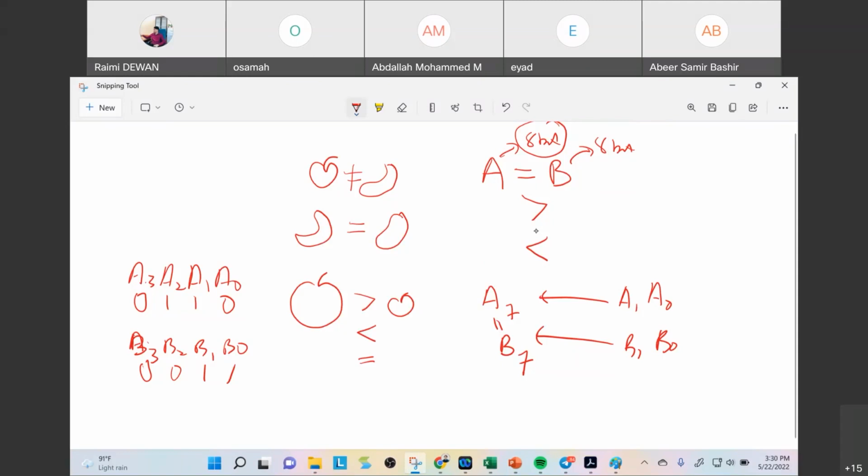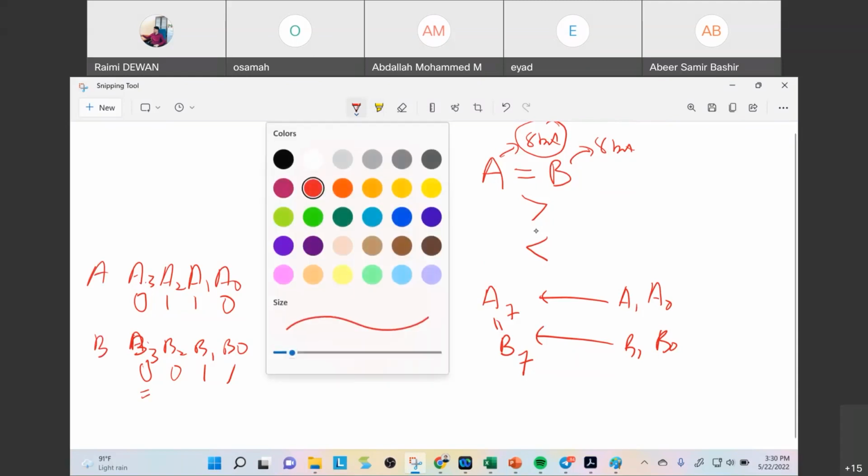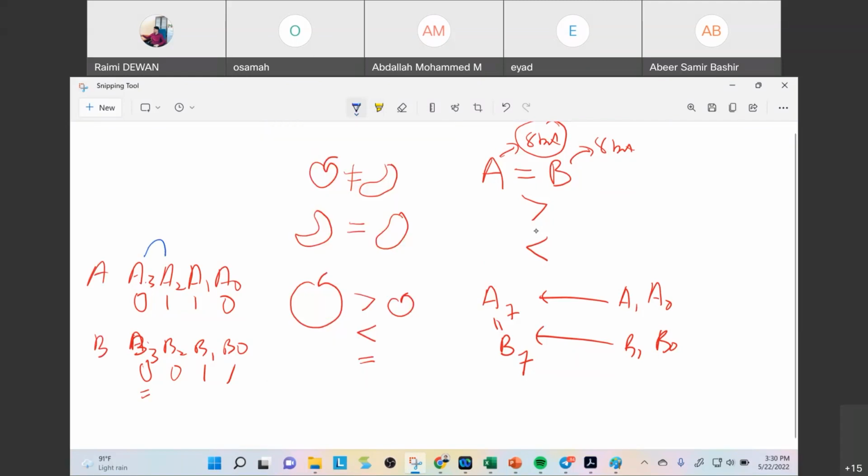Okay, so it is equal. If it's equal, then we cannot determine whether A is bigger than B, so we go to the next significant bit. Now A2 and B2: is A2 smaller, greater or equal to B2?